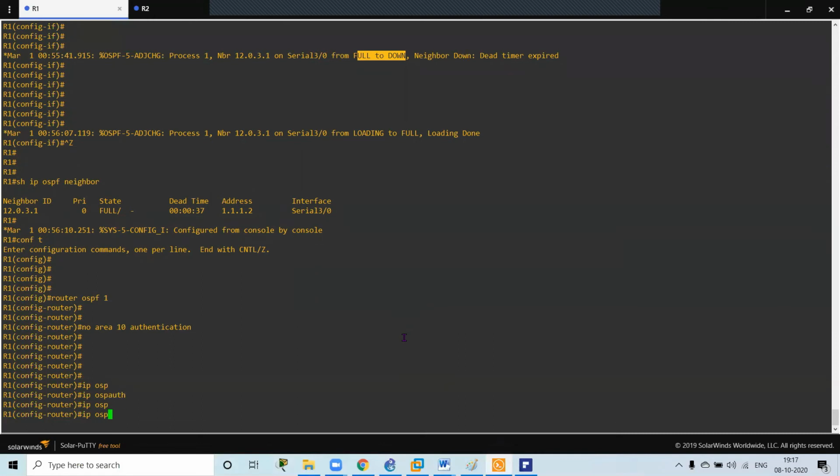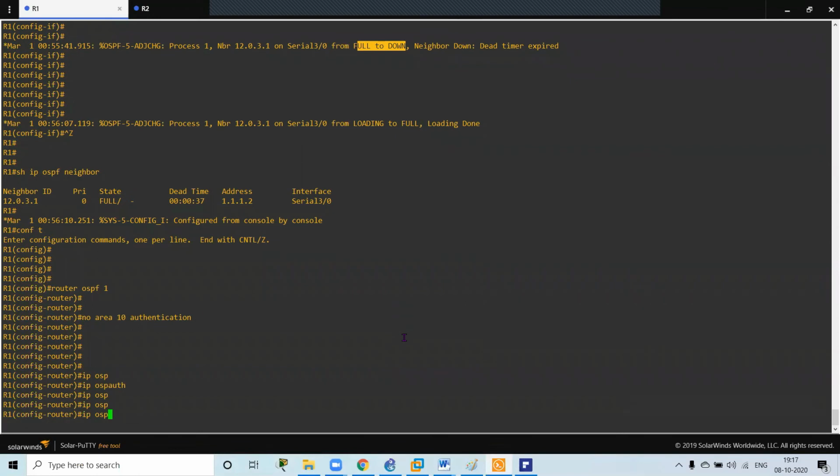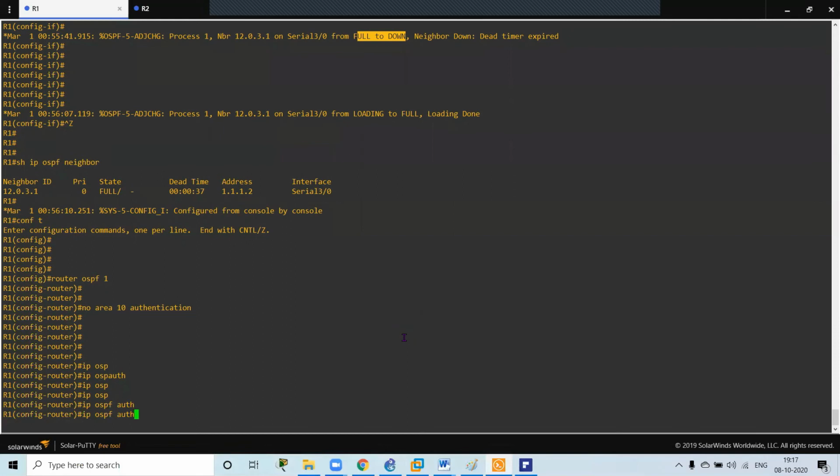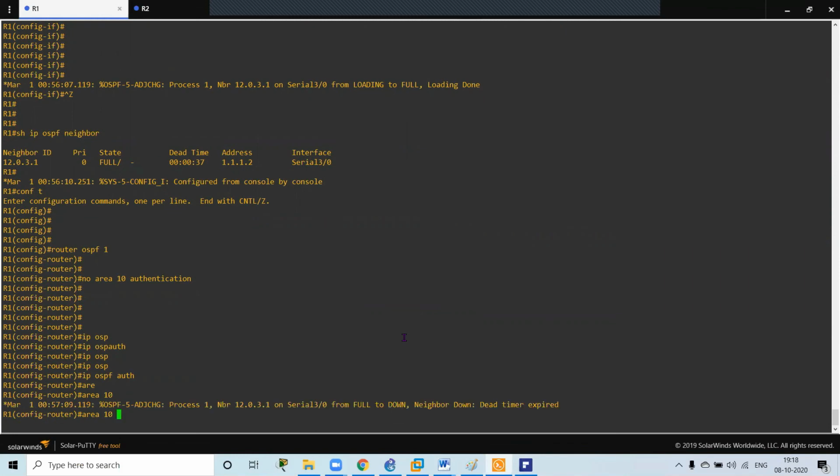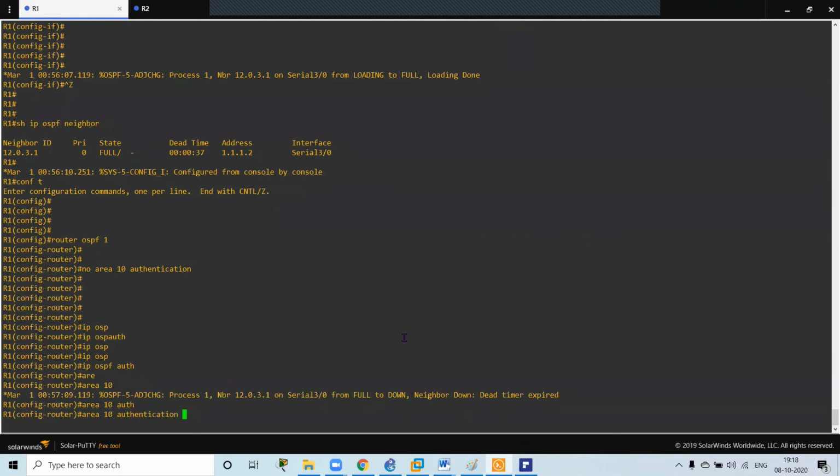At the process level, you have to give area 10 authentication message digest.